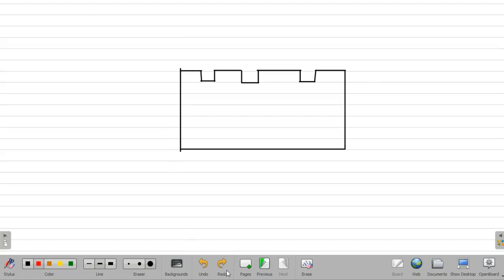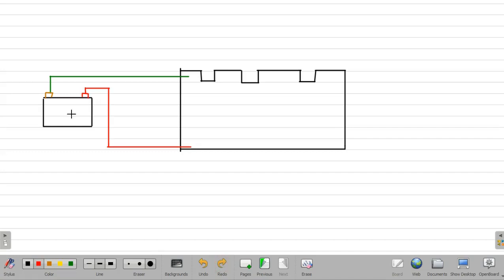And what else? In reality, this container is connected to an electric current, to an electric field, to a battery or to an electric generator, for example a car battery. Look at this. Here we have the negative pole and the positive pole. Look at this connection, please.